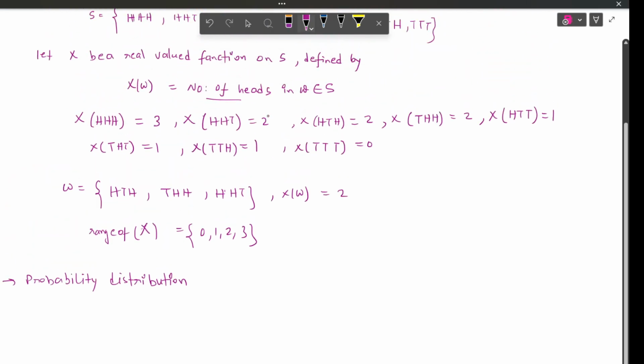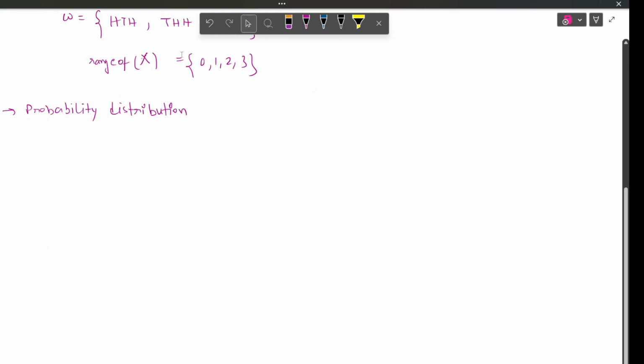This X of W should be 3, right? So let us see the probability distribution.